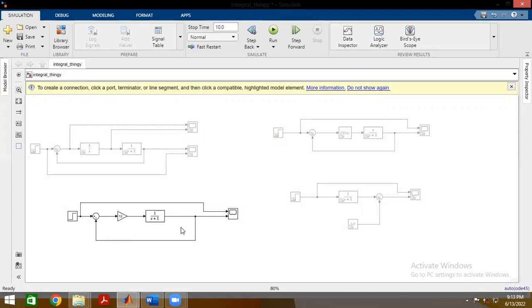Now, as I was trying to say, what if we've modeled the same disturbance that we modeled in the previous circuit? What happens then? Will we see something different? Let's see.